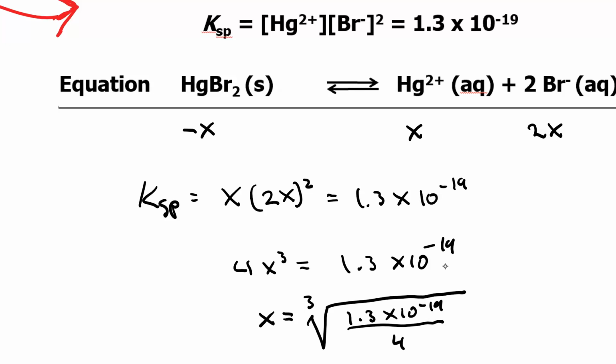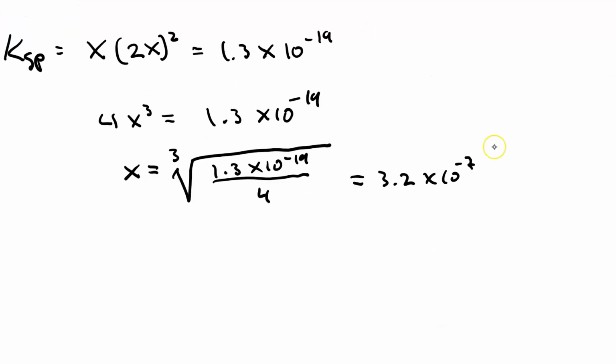So on the calculator, we get x equals 3.2 times 10 to the negative 7th. That is the molar solubility of mercuric bromide, HgBr2.